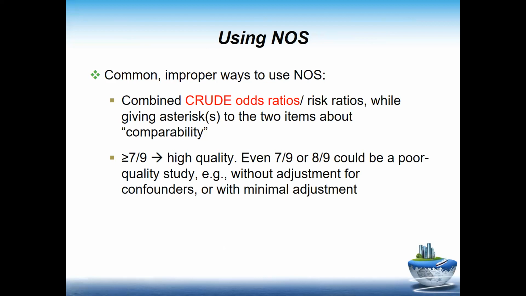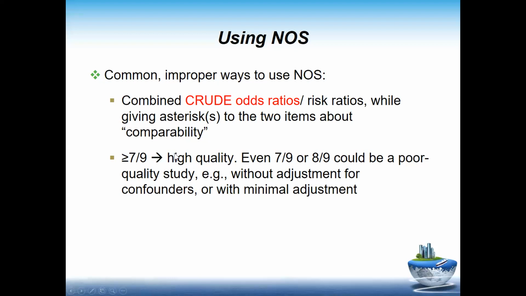Now, a common but improper way to use the results of the Newcastle-Ottawa scale is this one. Many people, based on the results, will classify the primary studies into 2 or 3 categories: high quality or low quality, or high, medium, low quality. How do they do it?